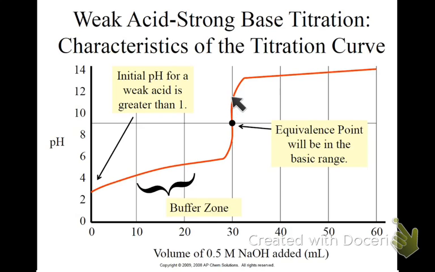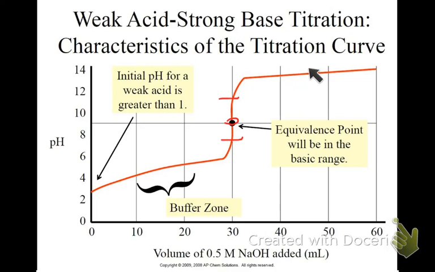We had the sharp increase that marks where the equivalence happens, and so the center in the middle of that upshoot would be right there, and so that's our equivalence point, and notice how the equivalence point is above 7. So it's a basic equivalence point in the basic range, and that is because it was a weak acid with a strong base.